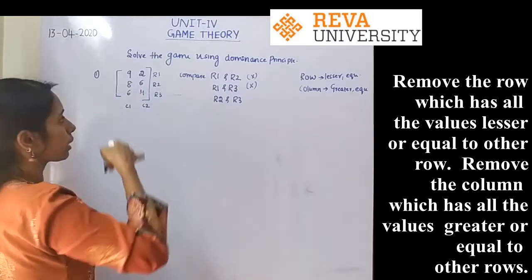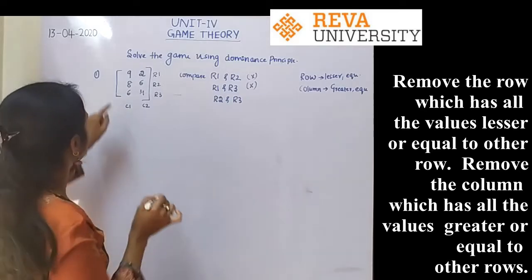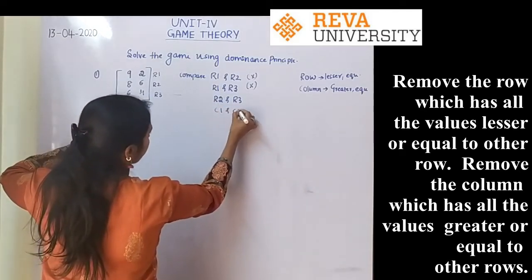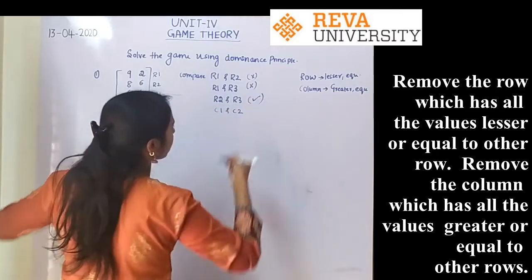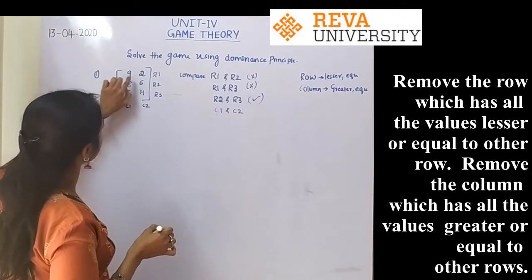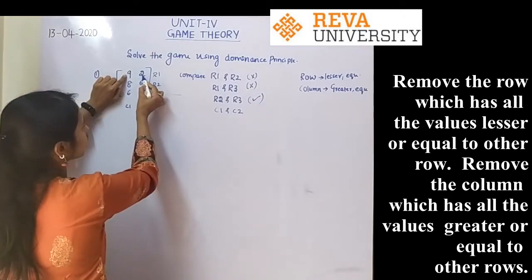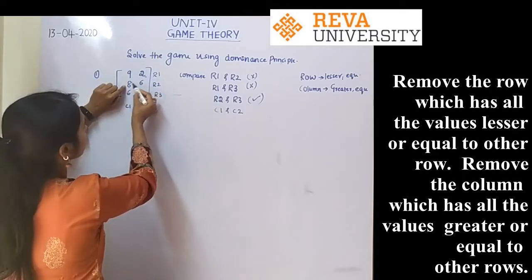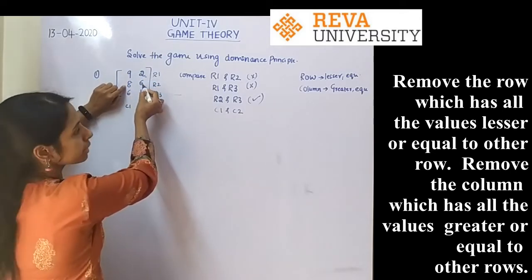Now start comparing the columns. Column 1 and column 2. Column 1 is this, column 2 is this. 2 is compared with 9, yes, it is lesser. 6 is compared with 8, 6 is lesser.